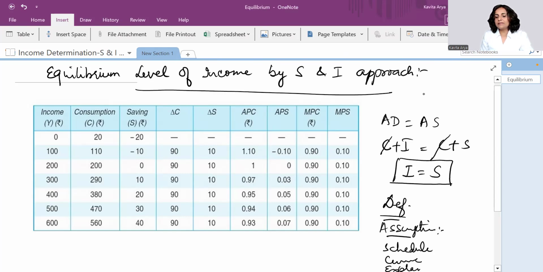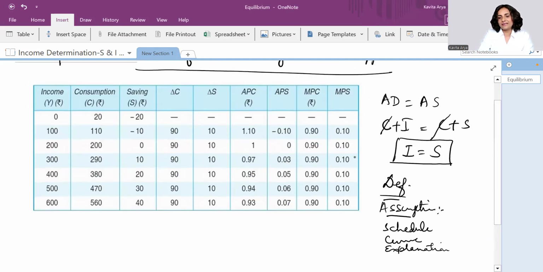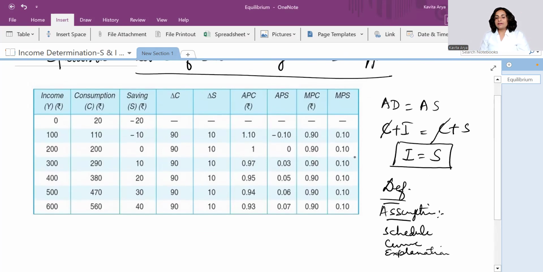Beyond this, no one would cut your marks because you have given the full-fledged answer. And the explanation is incomplete if we talk only about equilibrium. We do talk about the situations of disequilibrium as well.